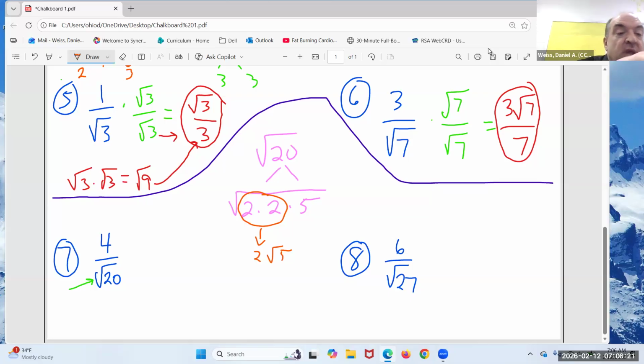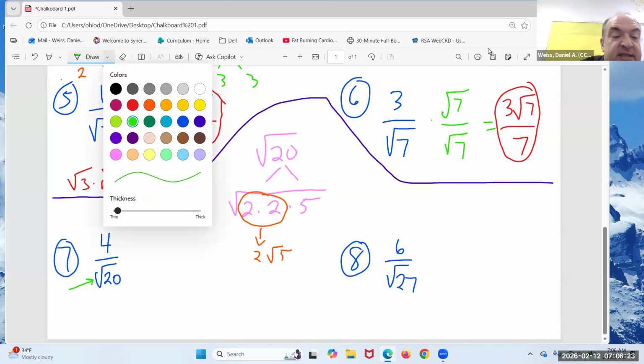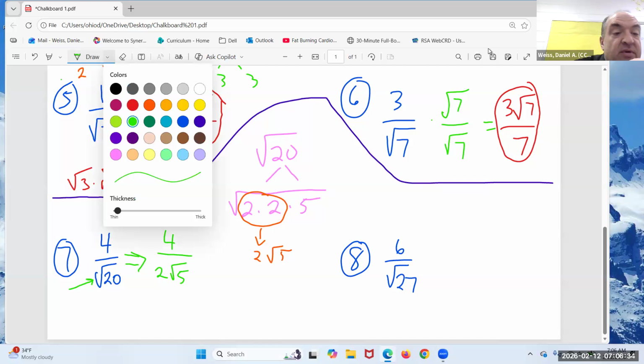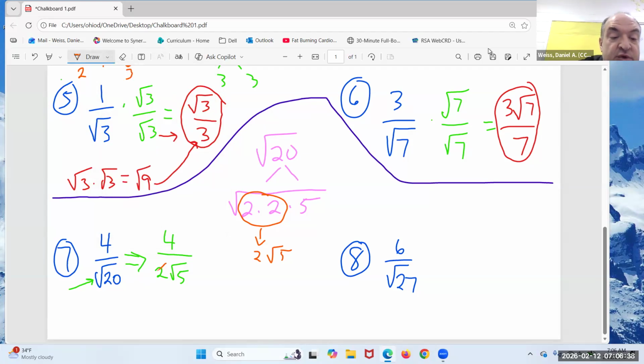Now, what I'm going to do is say that this is equal to 4 over 2 square root of 5. So now I can simplify here. What do I mean? I mean the 2 and the 4 cancel. 2 goes into 2 once, 2 goes into 4 twice. So I have 2 over square root of 5.